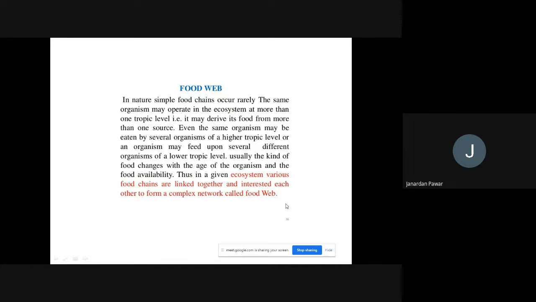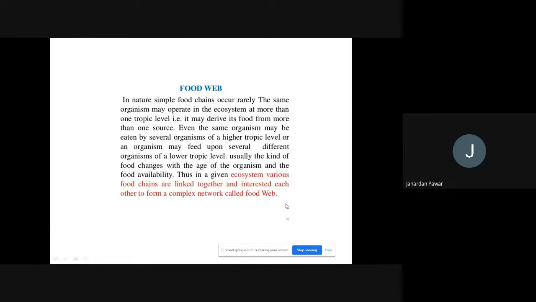The same organism may operate in the ecosystem at more than one trophic level. So it happens at more than one trophic level, as we have seen. That is, it may derive its food from one source or more than one source. So the food that they get in a trophic level, they try to get from different sources, not from one source only.